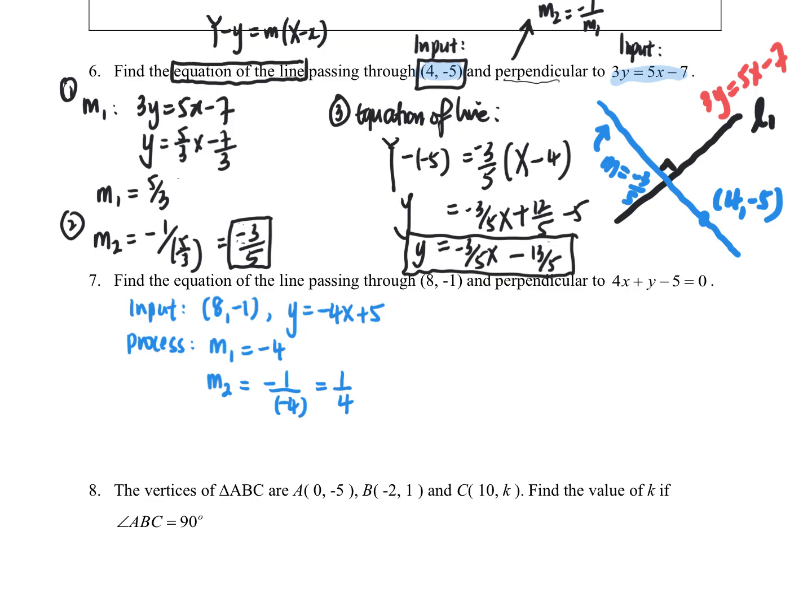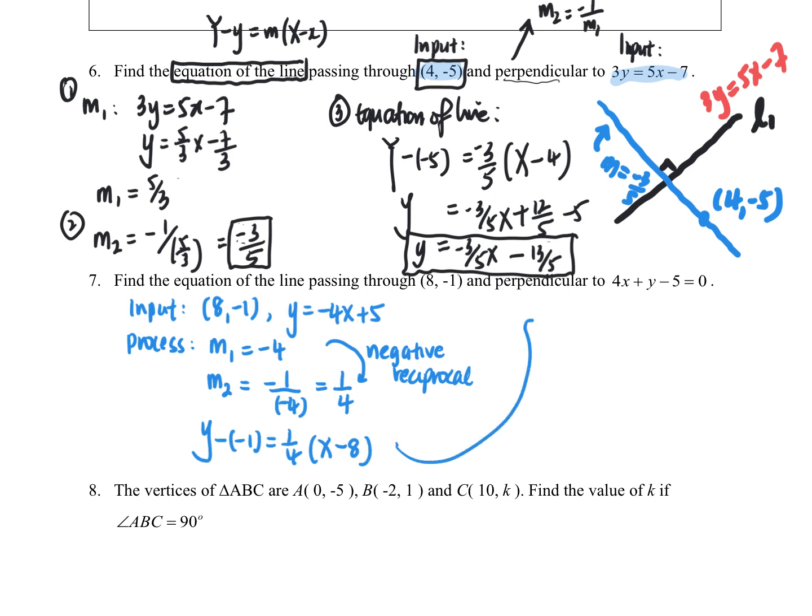So actually it is to reverse the sign and flip the fraction. Okay, this is negative reciprocal. Okay, and then I will find the equation now by using the point and the gradient. Okay, so conceptually actually it is very easy. It is just now one new step.